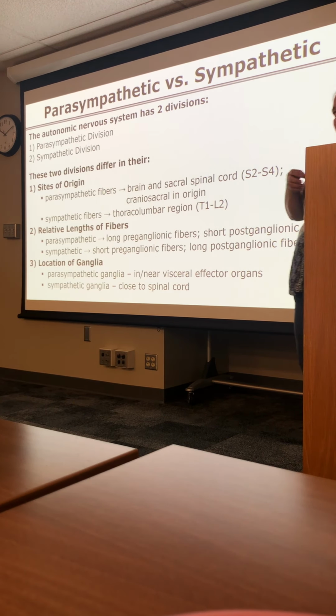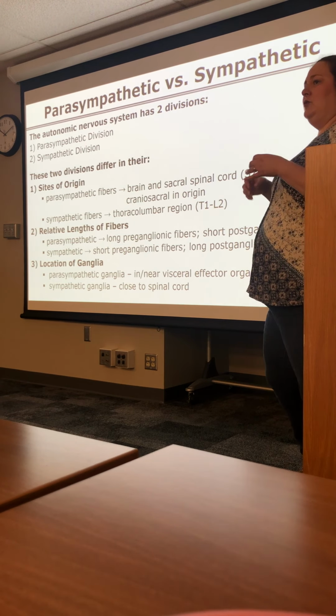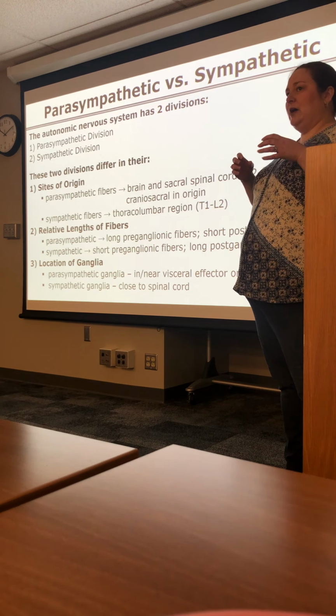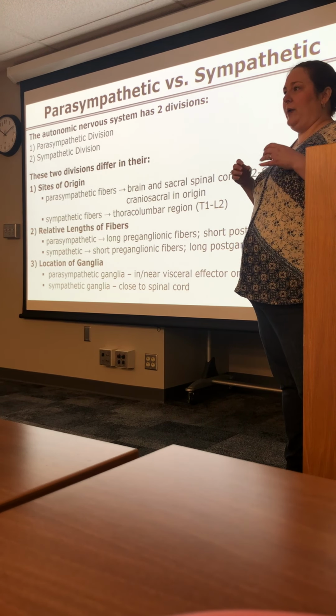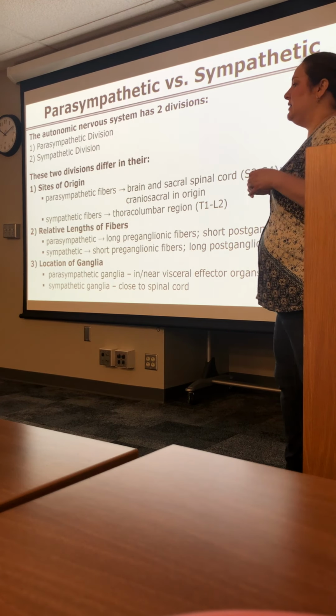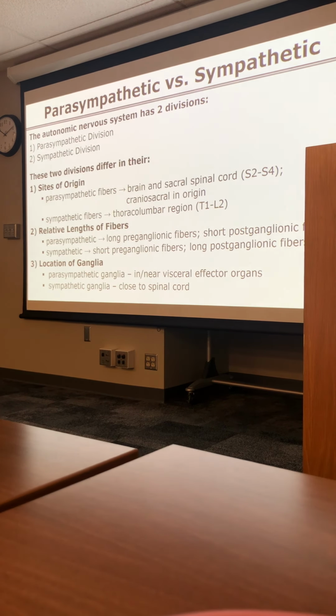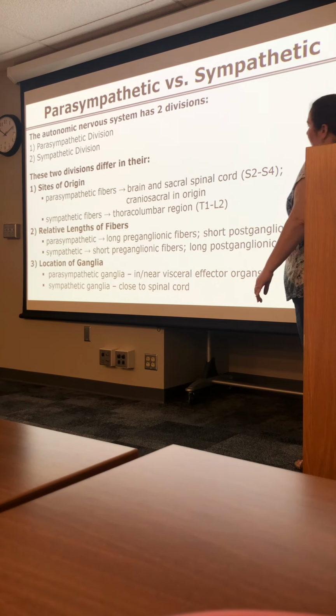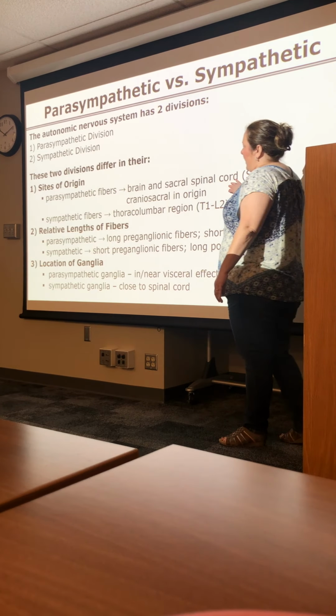So somewhere in the brainstem, or somewhere in S2, 3, 4, is going to be the cell body of the first neuron in the pathway for the parasympathetic division. So we're going to see that first neuron having its cell body in the brain, specifically the brainstem, or the sacral portion of the spinal cord.